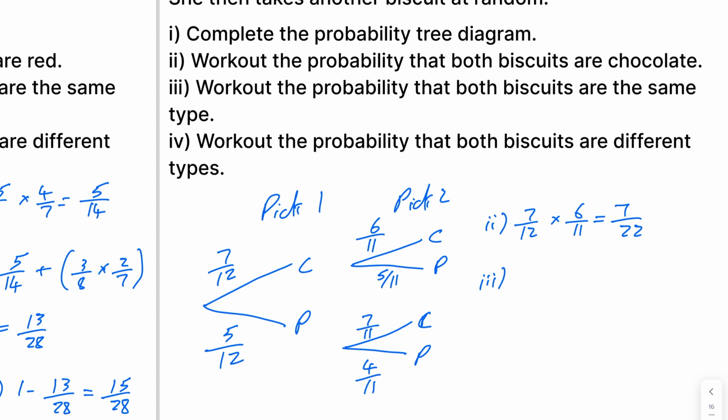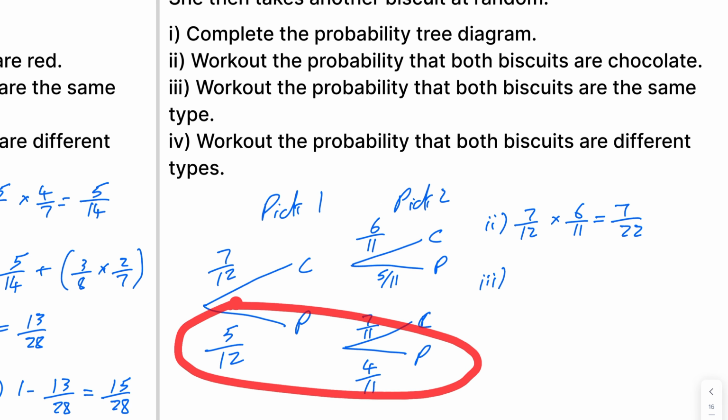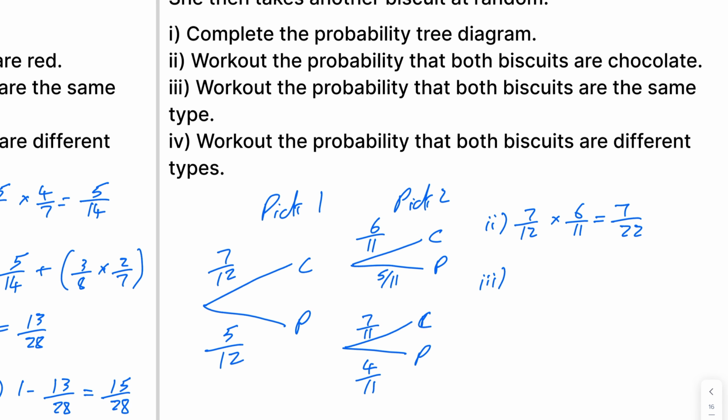Work out the probability that both biscuits are the same type. So we can have chocolate and chocolate, or we can have plain and plain. We're just going to add chocolate and chocolate from the previous question to plain and plain. If I do that, I get an answer of 31 out of 66.